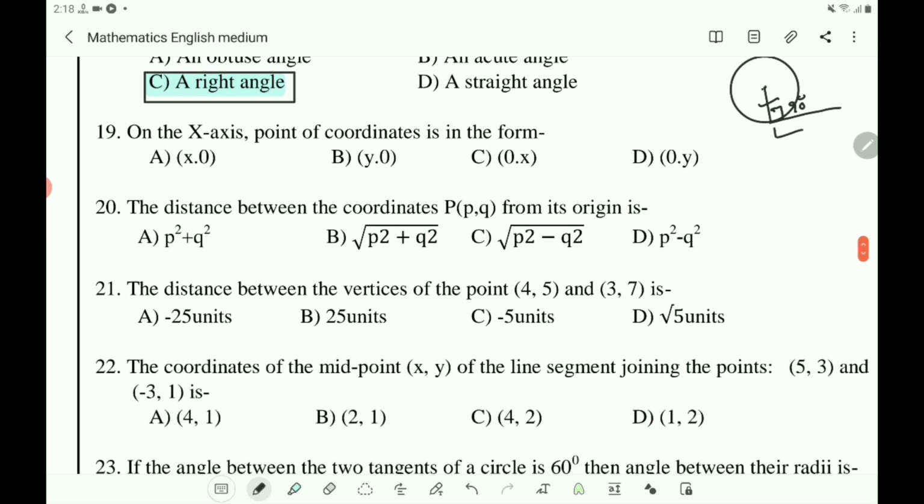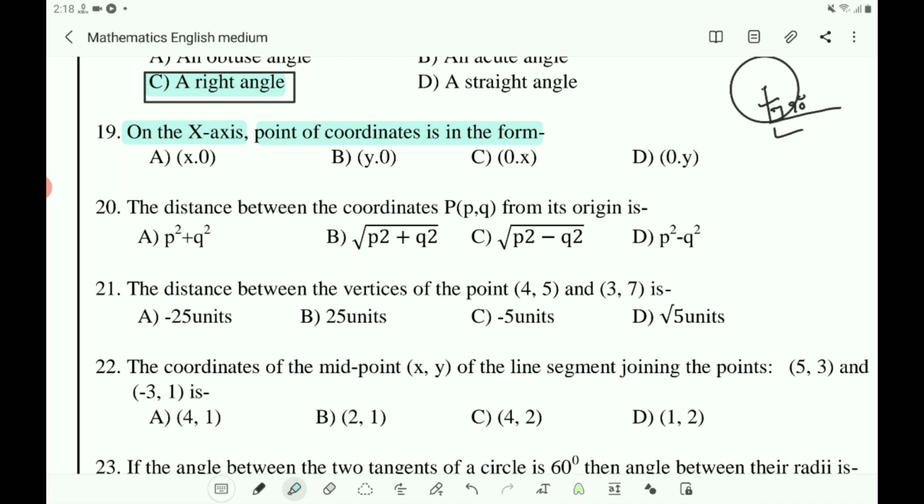Next you take question number 19. On the x-axis, the point's coordinates are in the form. You know that here y is 0. The point on the x-axis will have the y value 0.